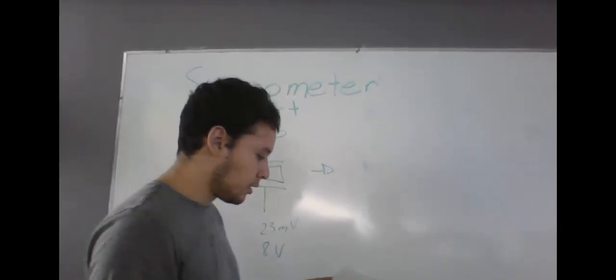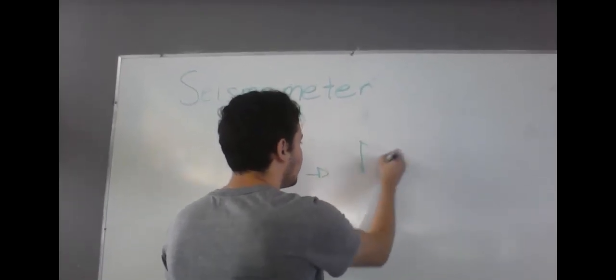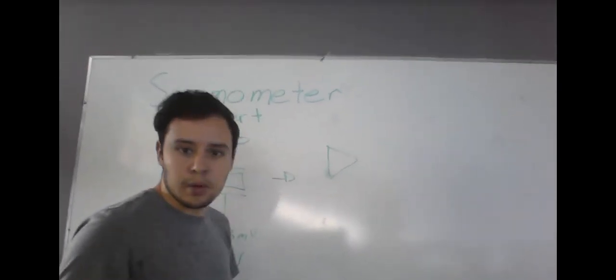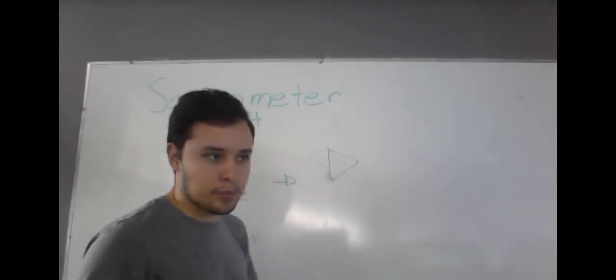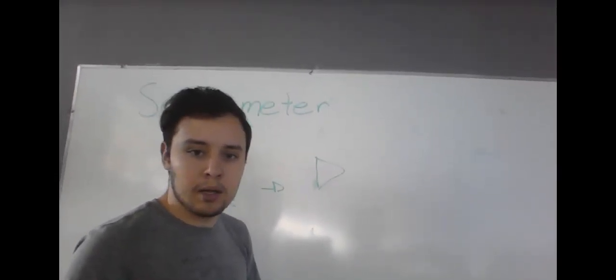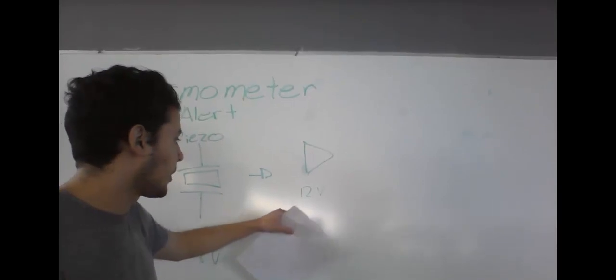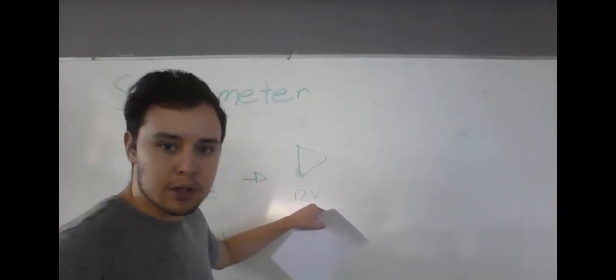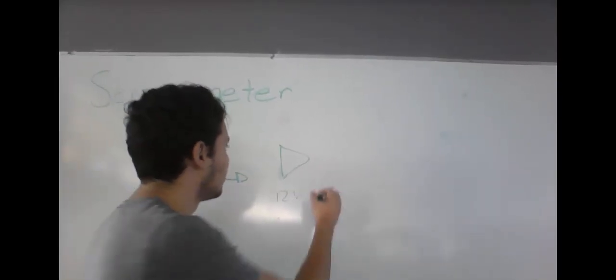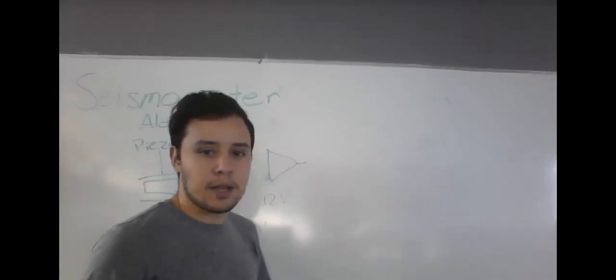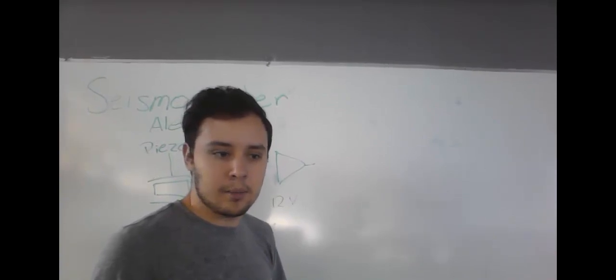Then the signal of the piezo will go to a comparator that compares it to a voltage that we apply. In this case, we decided to apply 0.12 volts. So when the piezo sends more than 0.12 volts, it will send a high signal, meaning it's moving.